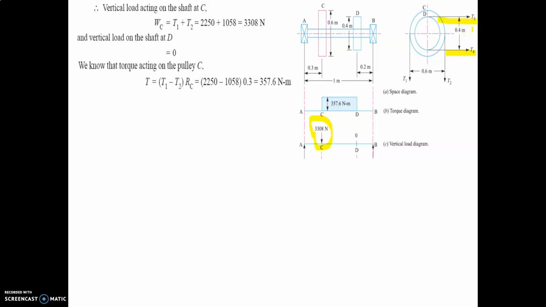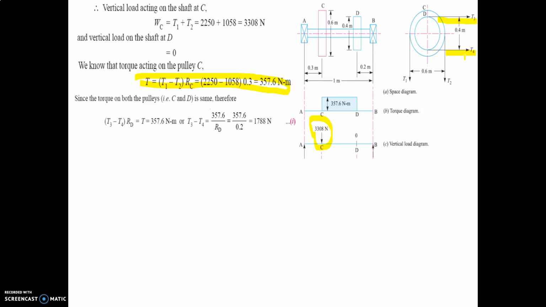So now the torque acting on the pulley C, T is equal to T1 minus T2 into RC, and it is 357.6 Newton meter, which we have shown. A drawing is already done here. Okay, so this torque we get. Now with the help of this torque, as we have shown that the torque is the same for both the pulleys, we can find out the tensions T3 and T4 also.